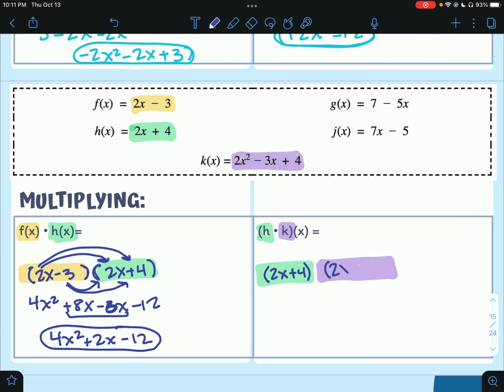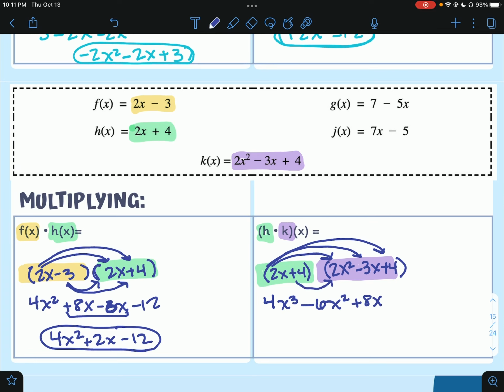My k of x is 2x squared minus 3x plus 4. Again, I'm going to multiply these. 2x times 2x squared would be 4x to the third. 2x times negative 3x is negative 6x squared. 2x times 4 is 8x.